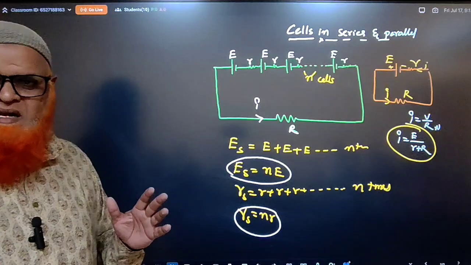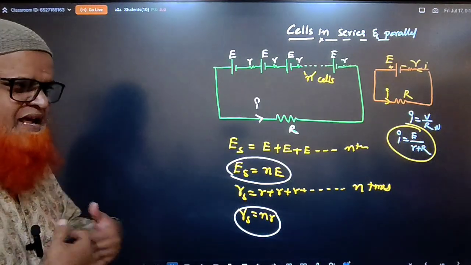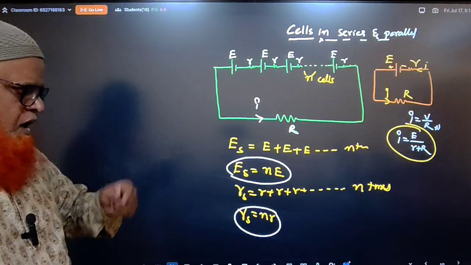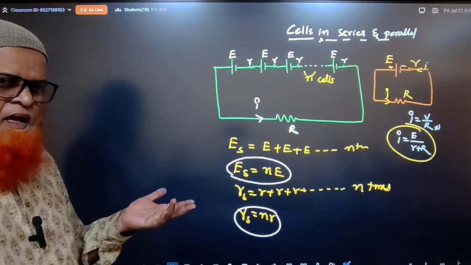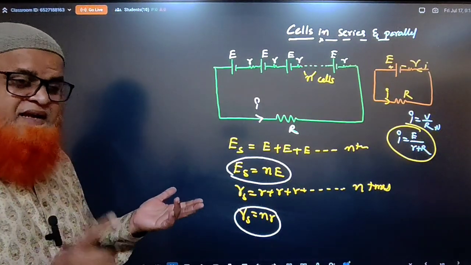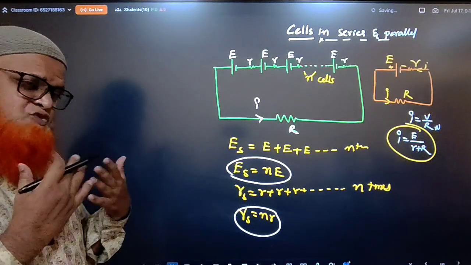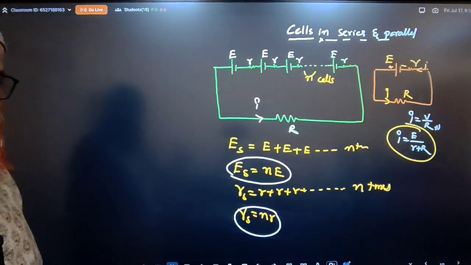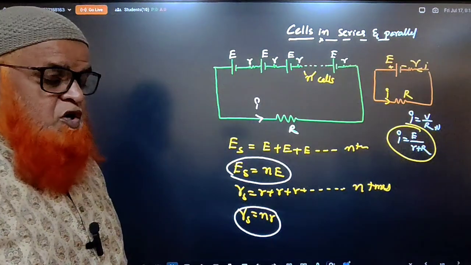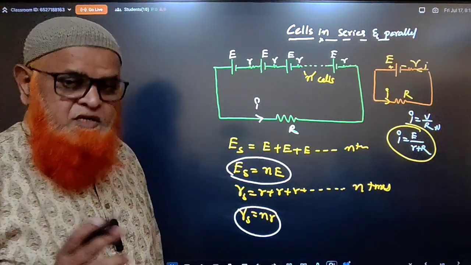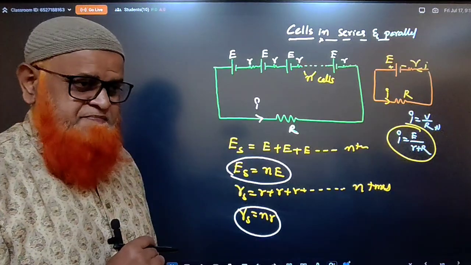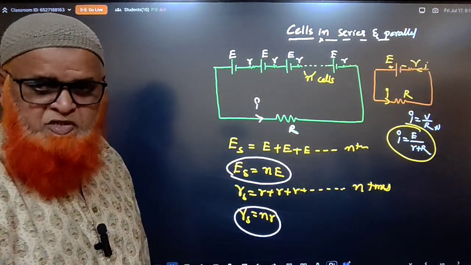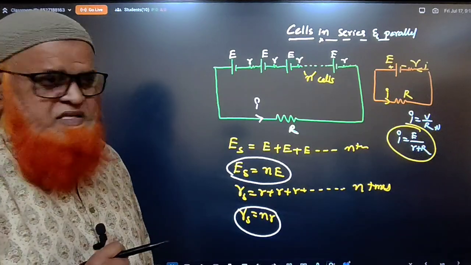See, for example, there are 20 students arranged in one row. Each and every student has a height of 5 feet. What is the total height of the students when they are standing one above the other in series connection? 20 students, each 5 feet, so you write 20 into 5, multiplying the total number with the height of each person.